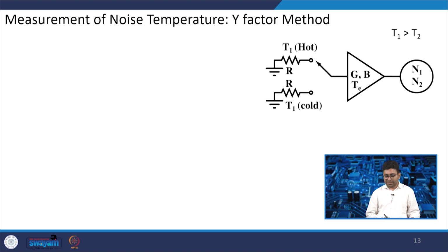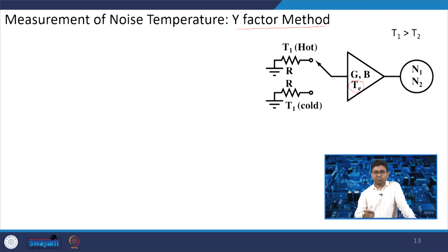Now, let us take an example. The Y factor method is widely used to measure the noise temperature. How exactly will it work? There is a device under test for which we want to find the noise, that is, the equivalent temperature Te.